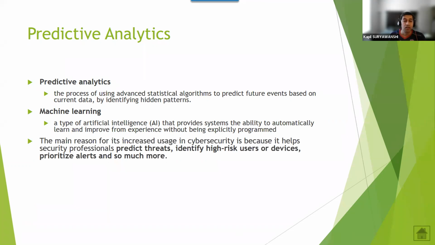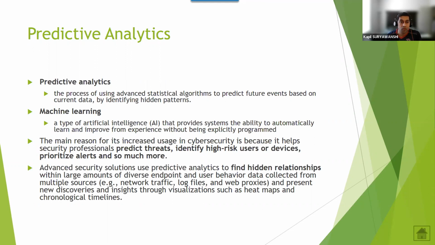Prioritize alerts. Some systems, once running, keep giving us alerts: this is suspicious, that is suspicious. But we can still say this is a more serious issue than the other one. So we need to understand and be ready before big damage happens. That's why we are talking about predictive analytics in cybersecurity.